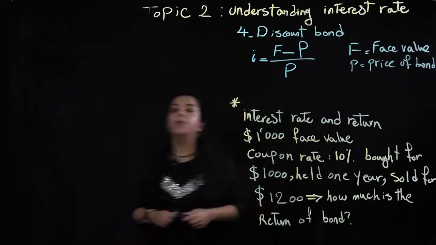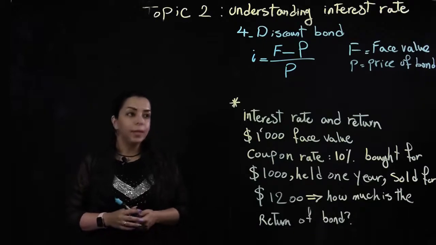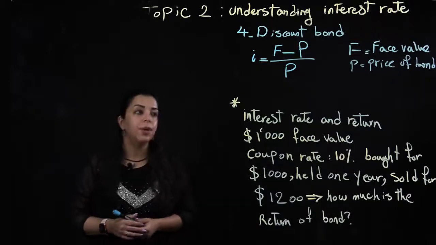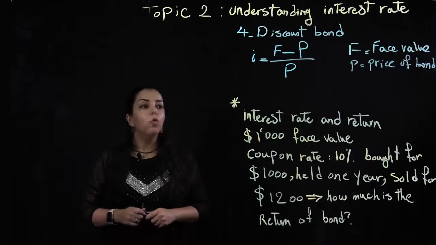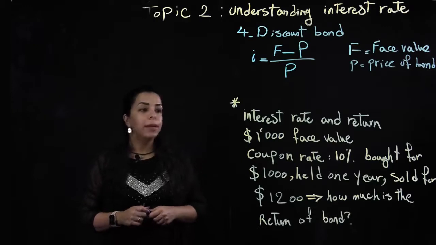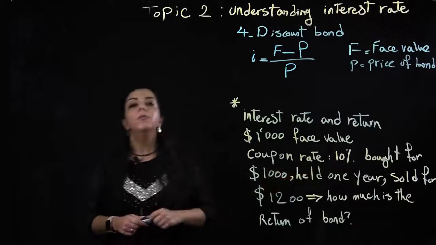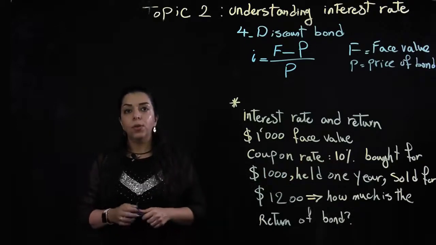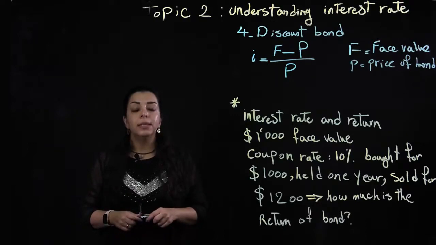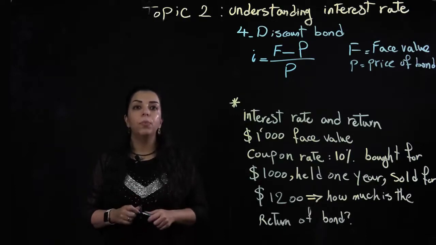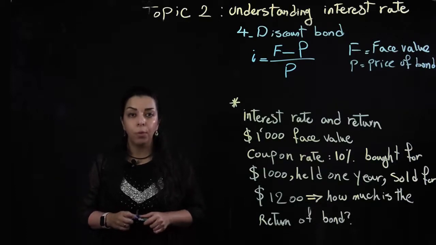Now, one question. This question guides us to understand the difference between the interest rate and the rate of return on bonds, specifically on coupon bonds, where we have a fixed coupon rate, for example 10%. If somebody is holding a bond with a 10% rate, can he be happy holding the bond without noticing what is happening to the interest rate in the market?